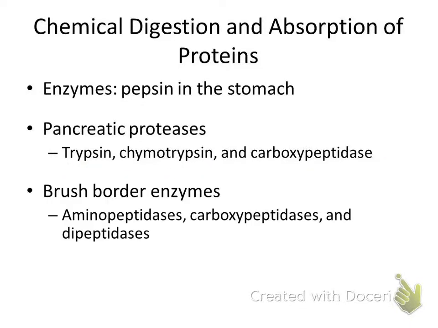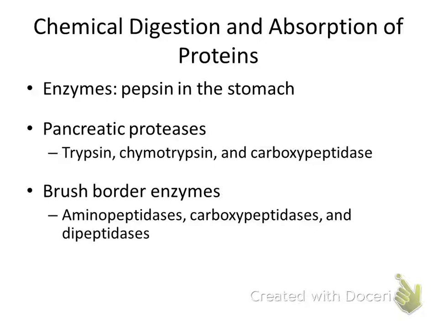But we don't stop there because we also have some from the brush border from the small intestine. But notice, once again, they all have what in the name? Not just ace. Peptidase. They all have peptidase in the name, so they all basically have peptide in the name. If you know what a peptide is, you can read that term and know what those enzymes are breaking down.